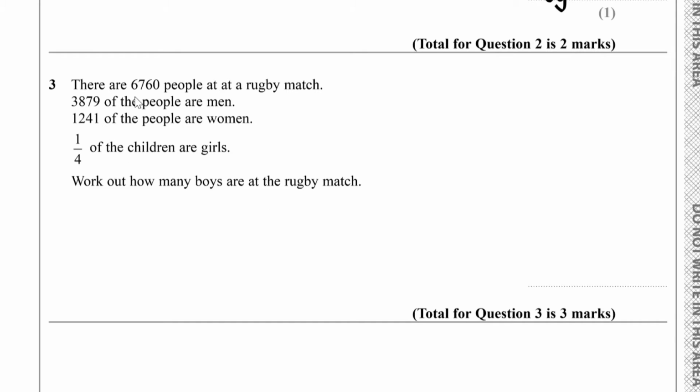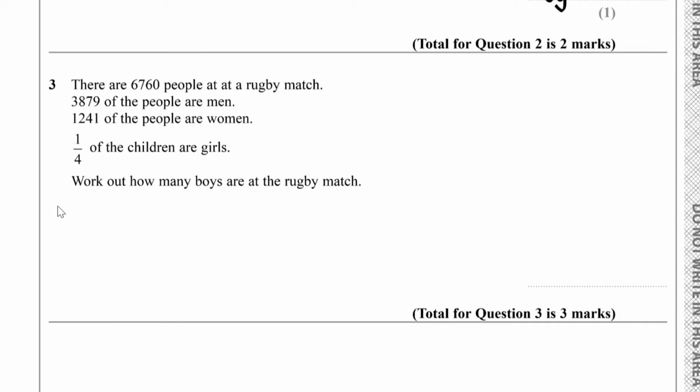Question number 3. There are 6,760 people at a rugby match. 3,879 of the people are men. 1,241 of the people are women. 1/4 of the children are girls. We have to work out how many boys are at the rugby match.